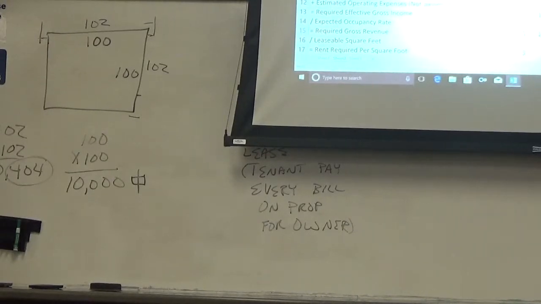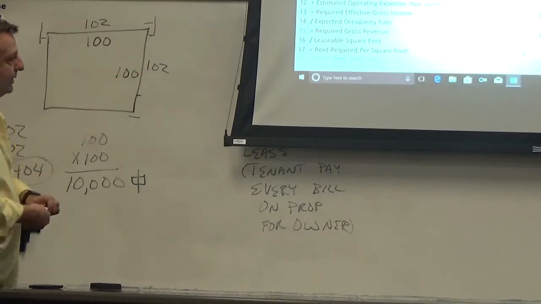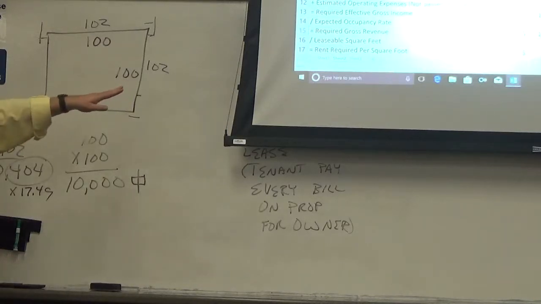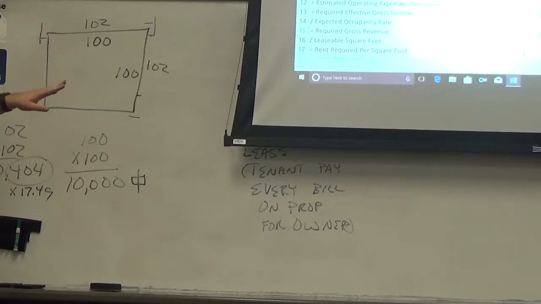Well, if our rent, in this case, is $17.49, then the 404 by itself is going to be an extra $7,000 a year. Okay, you follow what I'm saying? And that's just the rental piece. So that's not an insignificant factor to just automatically dismiss and not take into consideration.